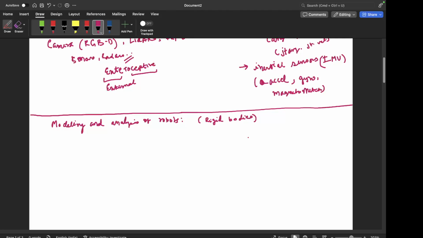Magnetic encoders basically use the change in magnetic field due to the rotation of the motor and the magnet. So there is a magnet also there, and I do not recall the exact working principle in detail right now, but you can read further about magnetic encoders.